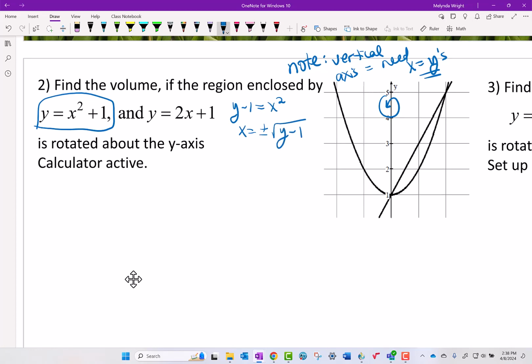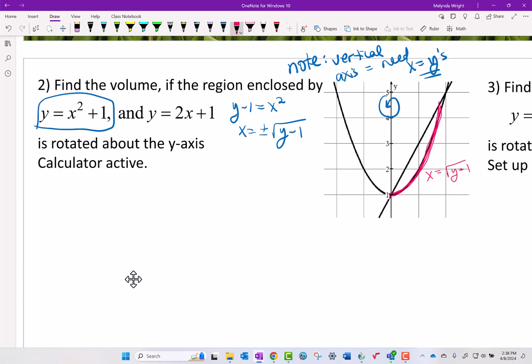Okay, so let's think about that for a second. Plus or minus the square root of. So when x is positive, we're over here, right? That's where x is positive. So that's what we're going to need. We're going to need x equals square root of y minus 1.